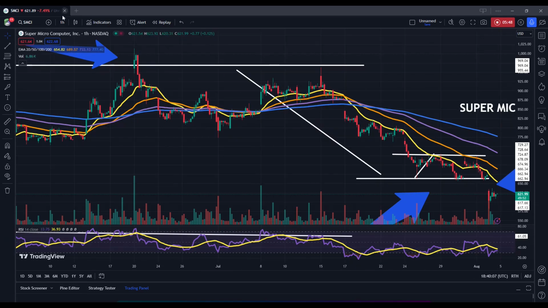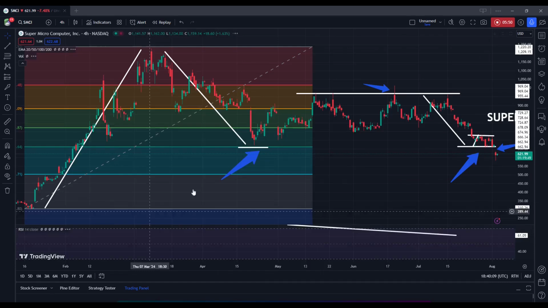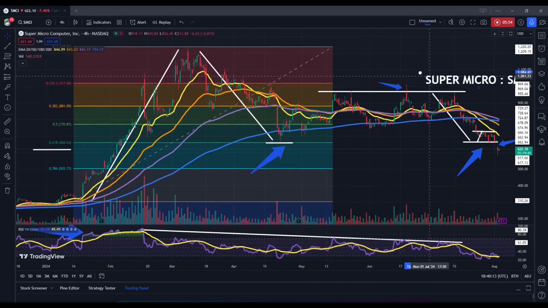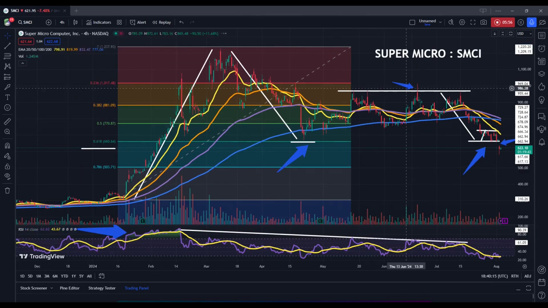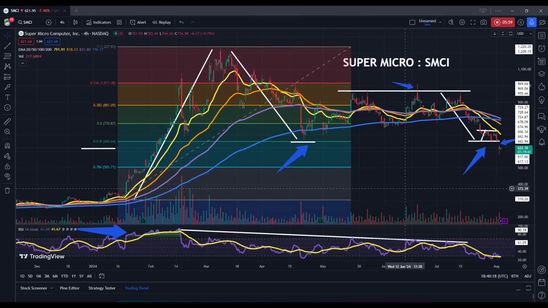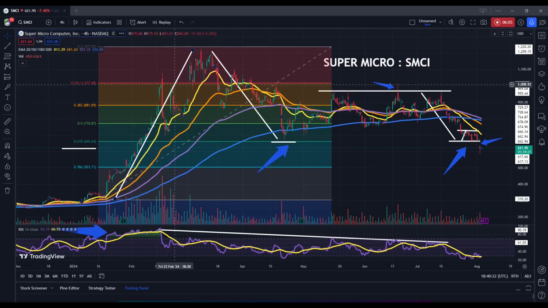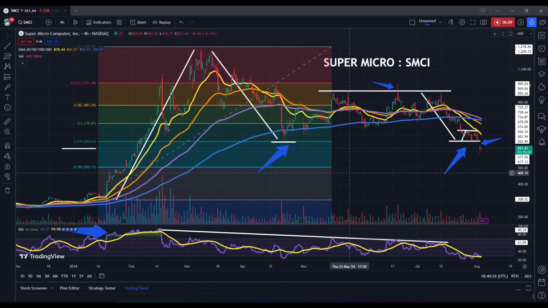But in order to really find some stronger support zones, we really have to go back farther here, once again to this 4-hour chart, and take a look at the 78.6% Fibonacci retracement of this dominant trending move that I have outlined here previously. If we're looking at this as the dominant trend move here, the 78.6% retracement is not found until 503.70.